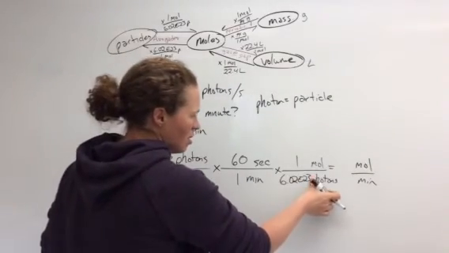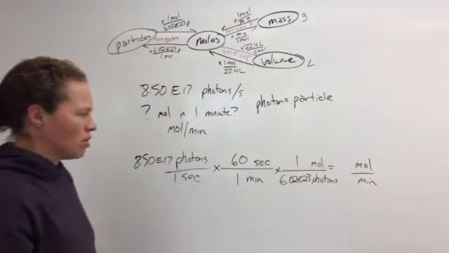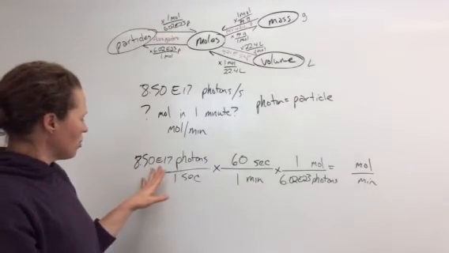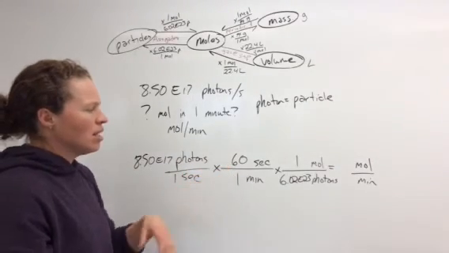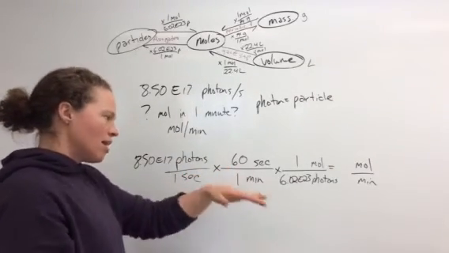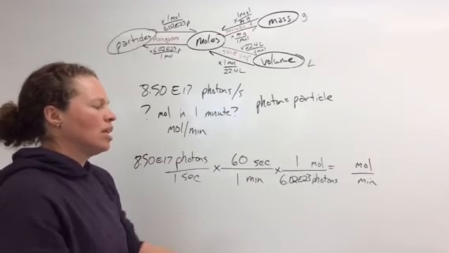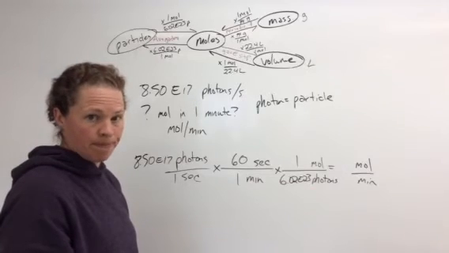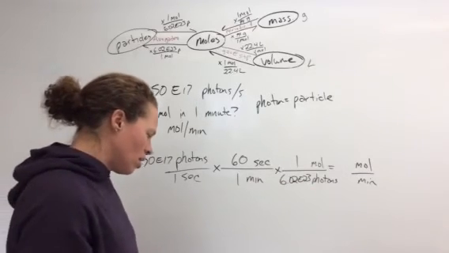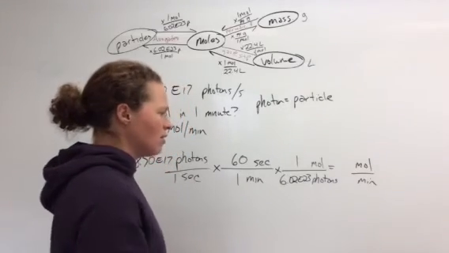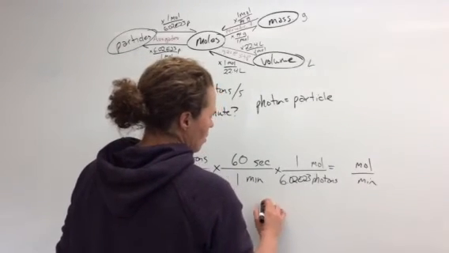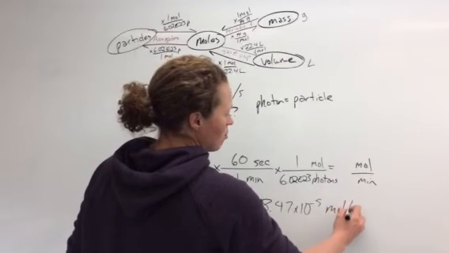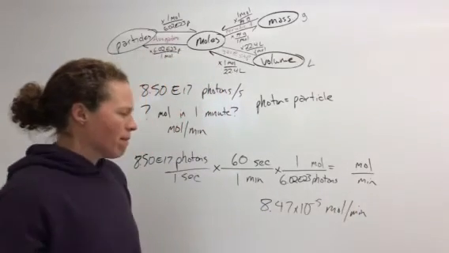Sorry, that's a little bit squishy. When I plug this into my calculator, I can just go 8.50 E17 times 60. I can hit equals and then divide it by 6.02 E23, or I can just run it all in one calculation. It'll still work. So when I do that, I should end up with 8.47 times 10 to the negative 5. So 8.47 times 10 to the negative 5 moles per minute of photons.